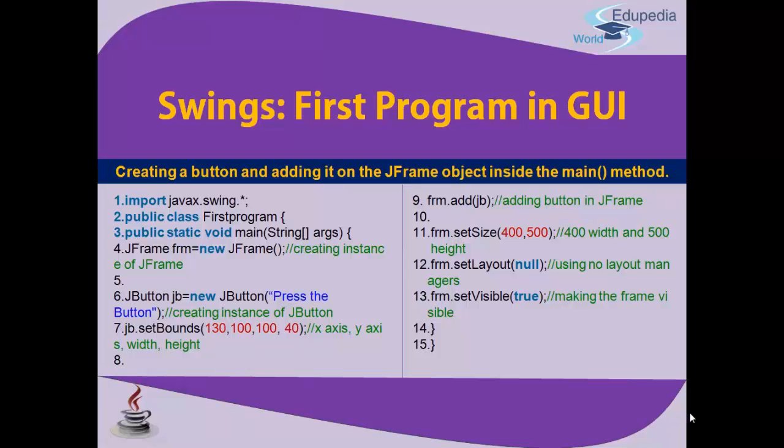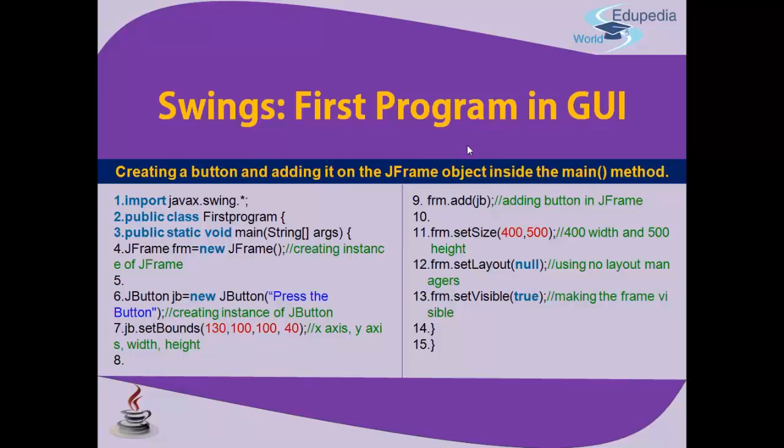So frm.add(jb) is adding the JButton onto a canvas, which is known as a form that we drive with the help of JFrame. It is an interlink. JFrame frm is an object created as a new instance, which is also known as instantiated. On line number 9, frm.add(jb), as I told you before, jb is going to be added on the frame. Then line number 10 goes empty.